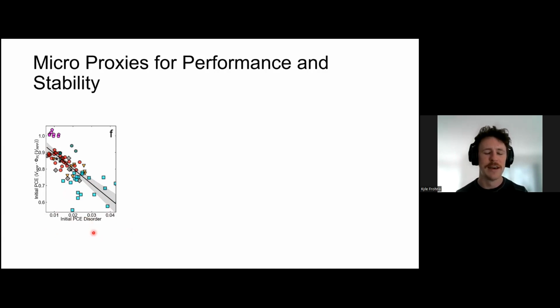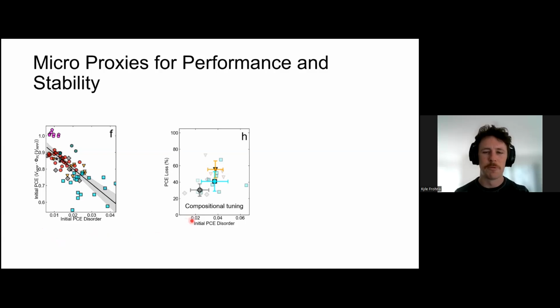So basically, the perovskite can actually tolerate quite high chemical disorder and band gap disorder, but it seems that charge extraction disorder is not tolerated very well. We found that you can tune this PCE disorder with composition quite easily. And we see a nice trend where lower PCE disorder corresponds to lower loss of performance over time.